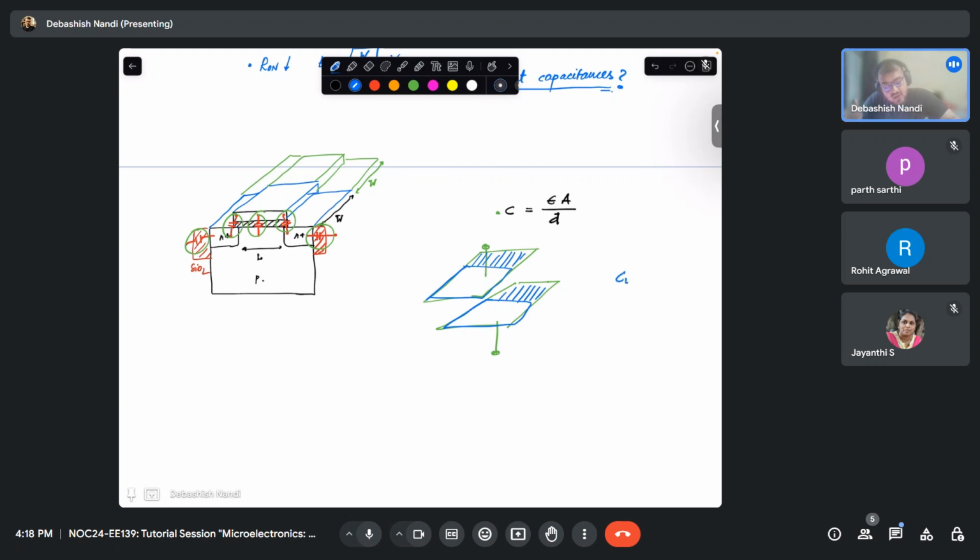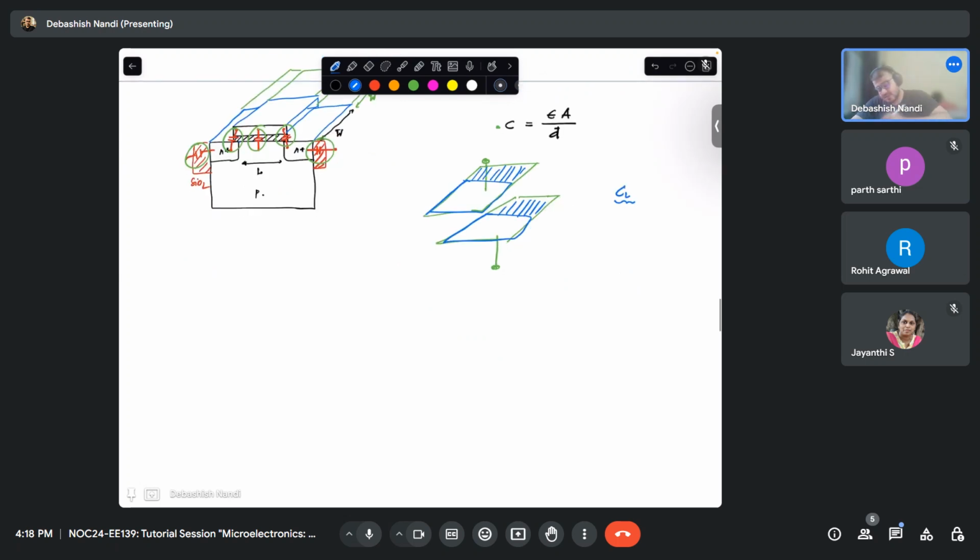So CL is not actually entirely due to your load capacitance. And why am I saying that? Let's say you have an inverter.